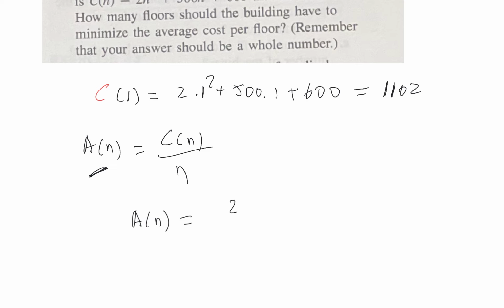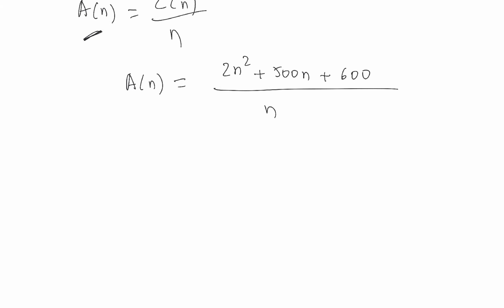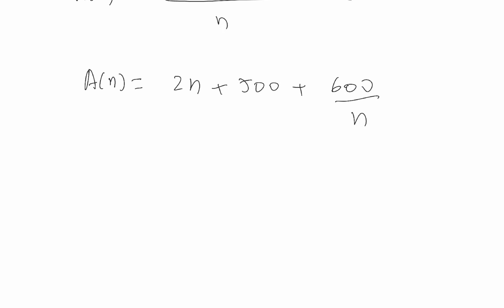C of n is 2n squared plus 500n plus 600 divided by the number n of floors. So the average A of n is 2n plus 500 plus 600 divided by n. And I want to find n, the number of floors that minimizes this expression.